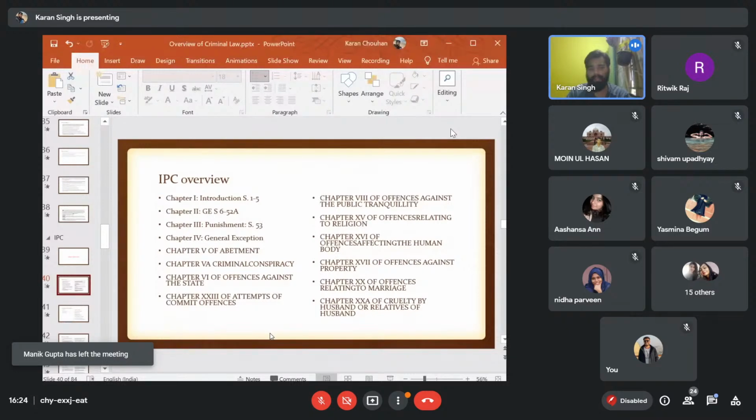Now, when it comes to crimes, there are a few definitions that we need to understand. Crimes can be classified into different categories based on the objective behind them and on what basis they are classified.